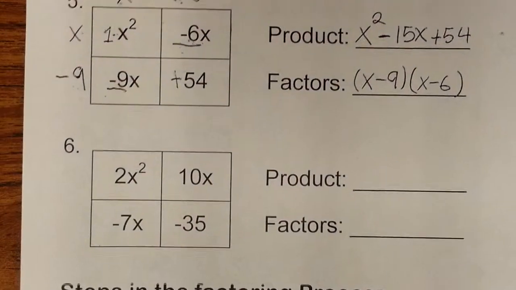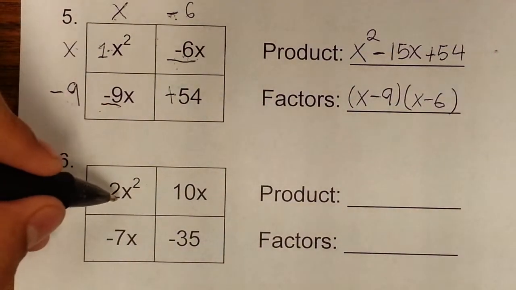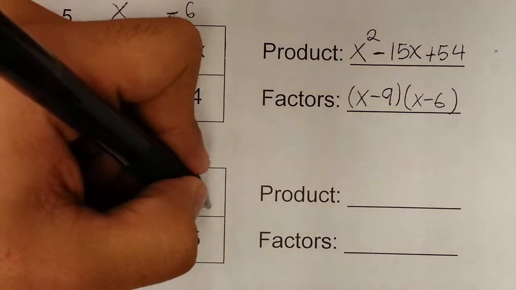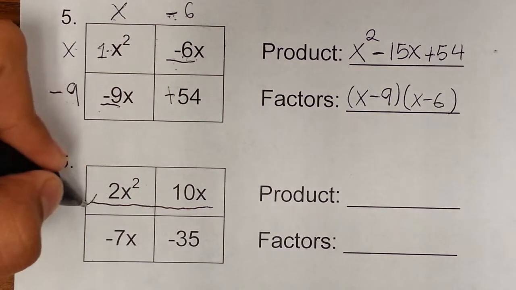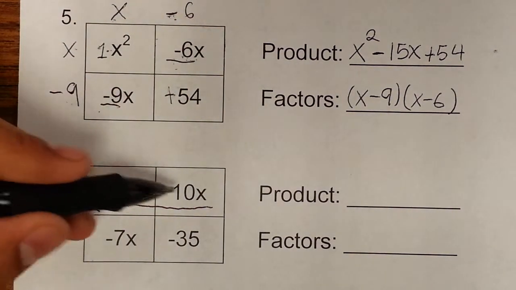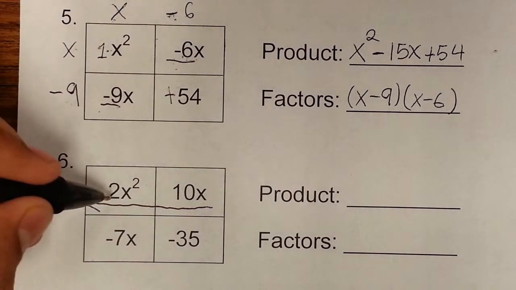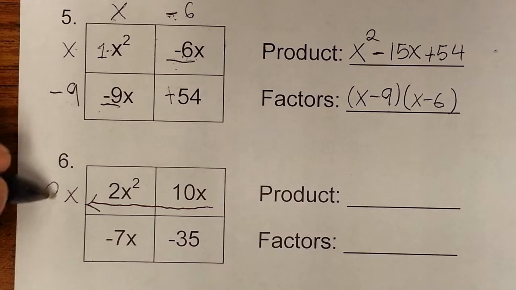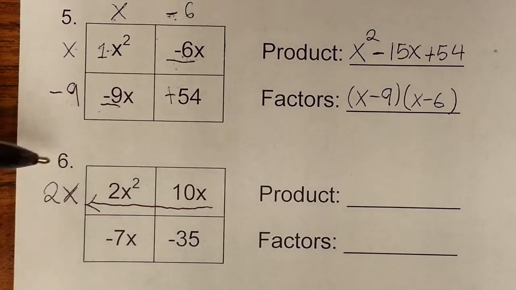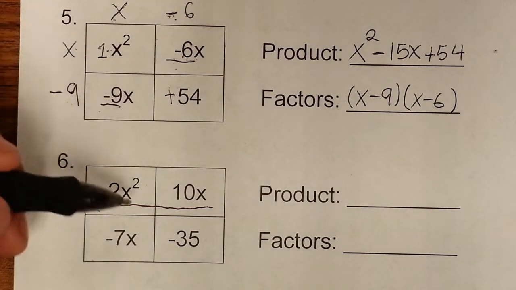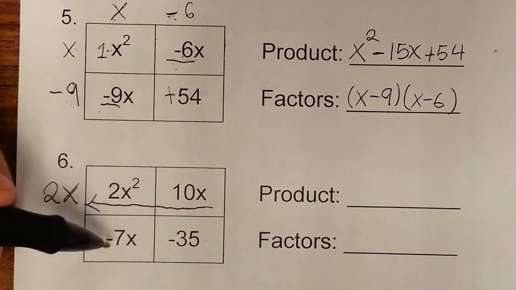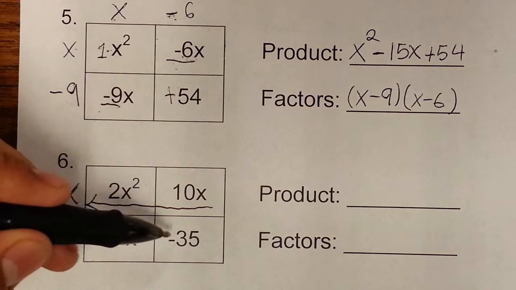For number 6, we're back to not having a coefficient of 1 on our x squared term, so we'll have to work with our greatest common factoring method. For 2x squared and 10x, they both have 1x that I can factor out, and 2 goes into 2 and into 10. So there is a 2x I can factor out here. Now you'll notice that there are negative signs, so we'll not worry about the signs for now.